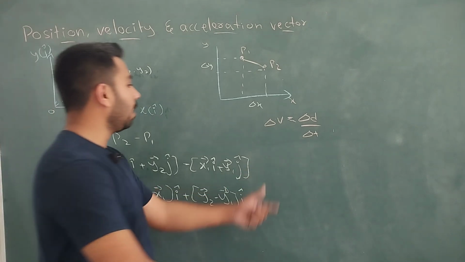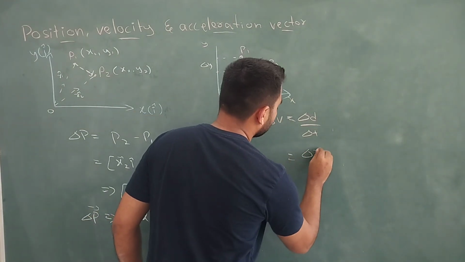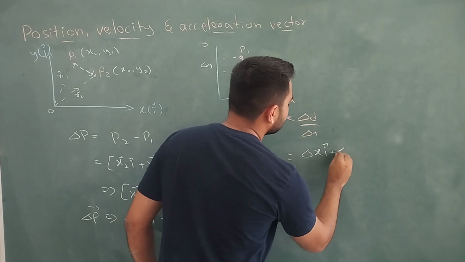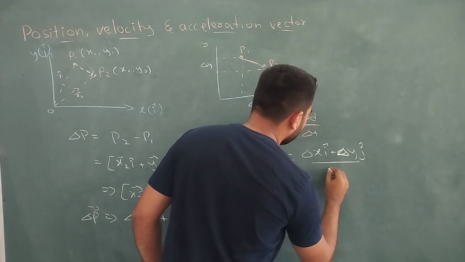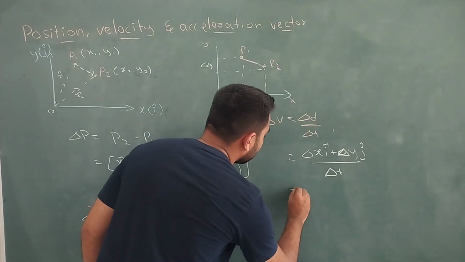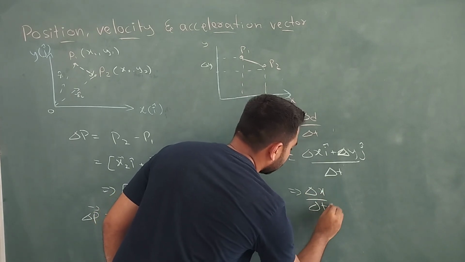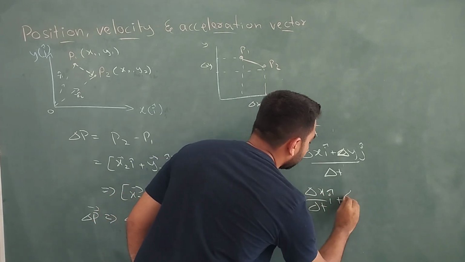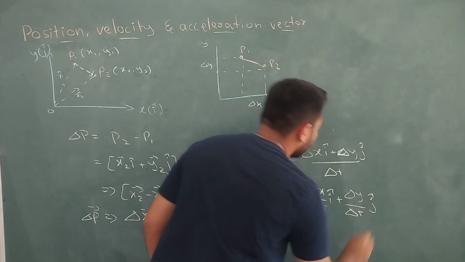Now distance, we have this. Here we have some distance, divided by delta t. Now can I write this separately? Delta x by delta t i plus delta y by delta t j.